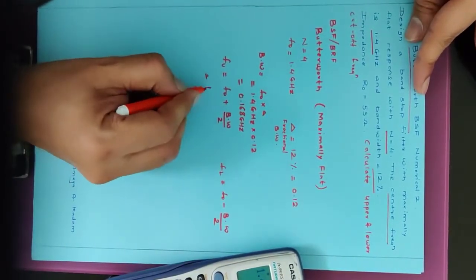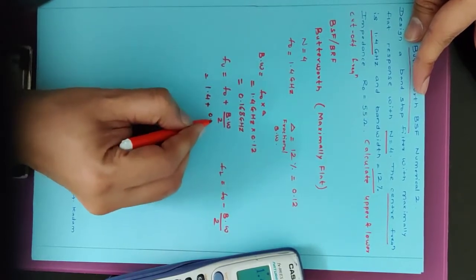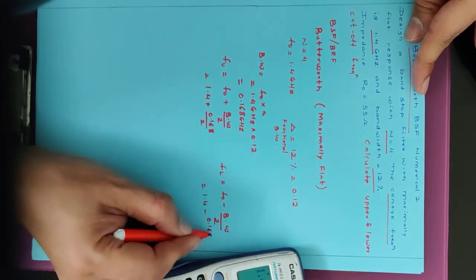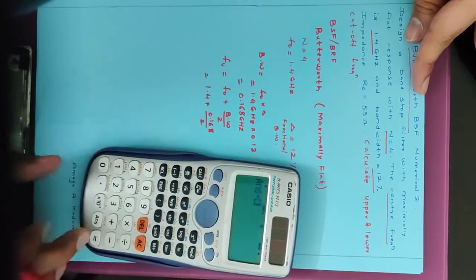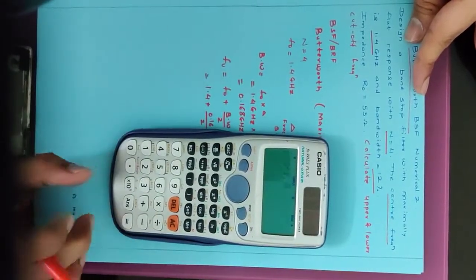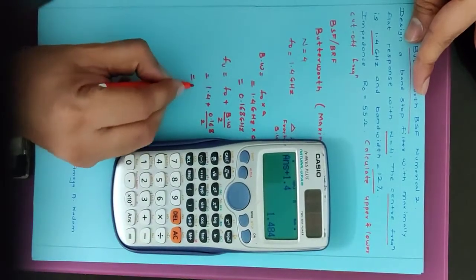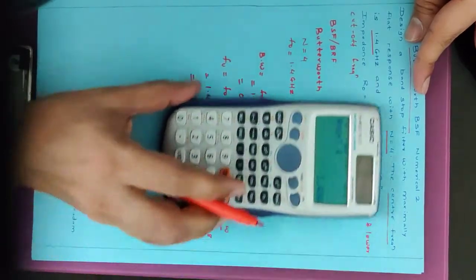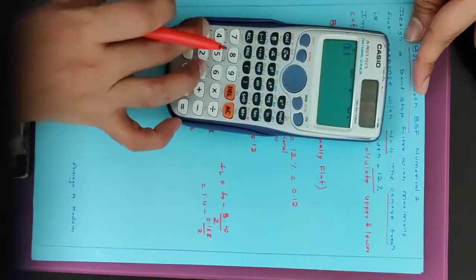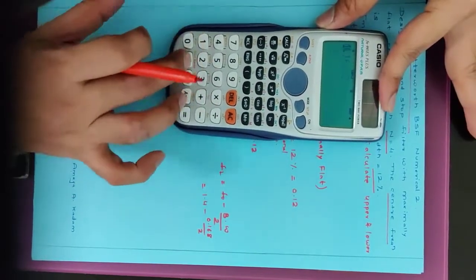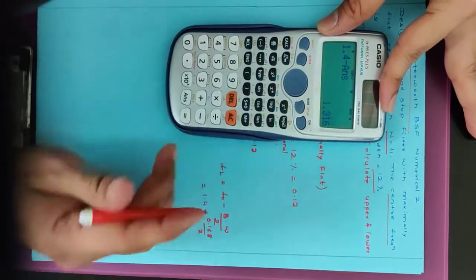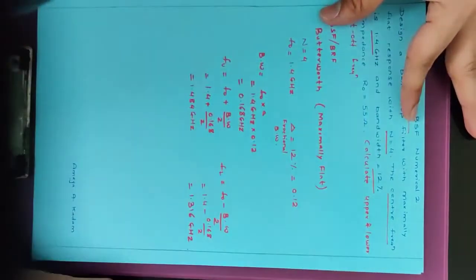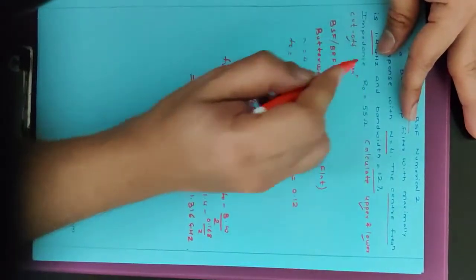So this is 1.4 plus 0.168 by 2, and here it is 1.4 minus 0.168 by 2. So my upper cutoff frequency is 1.484 gigahertz, and the lower cutoff frequency will be 1.316 gigahertz. So I have calculated the upper and lower cutoff frequency.